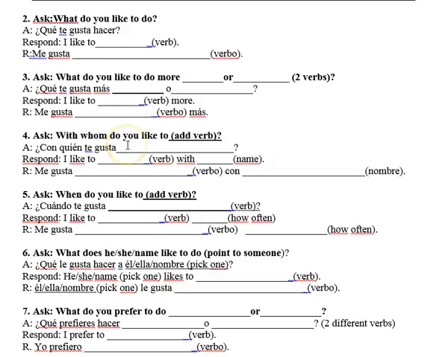Number 4, it says, with whom do you like to, and you're going to give me a verb. And again, you can pick any kind of verb that you would like. I'm just going to continue with the verbs that I used before in the previous question. You don't have to. You can pick another verb. So I'm going to say, with whom do you like to travel?